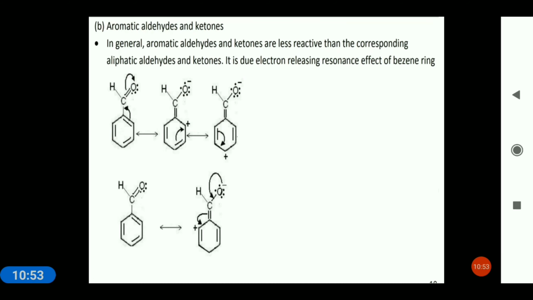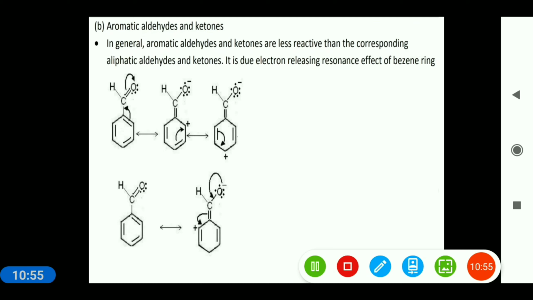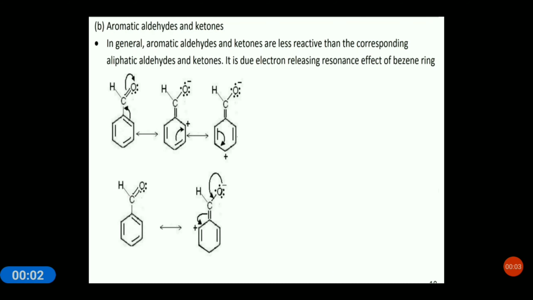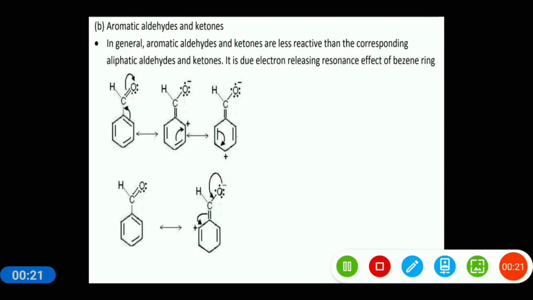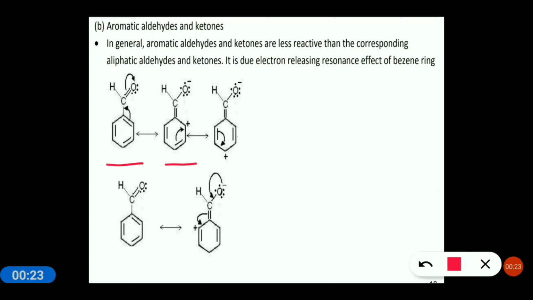Aromatic aldehydes and ketones. In general, aromatic aldehydes and ketones are less reactive than the corresponding aliphatic aldehydes and ketones. It is due to the electron releasing resonance effect of the benzene ring. You can see the delocalization in these benzene compounds.